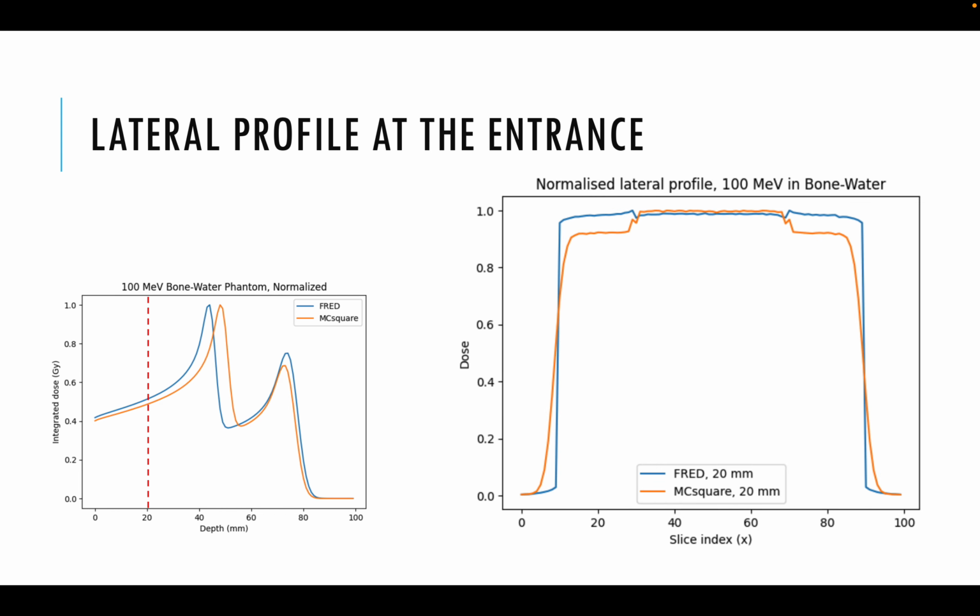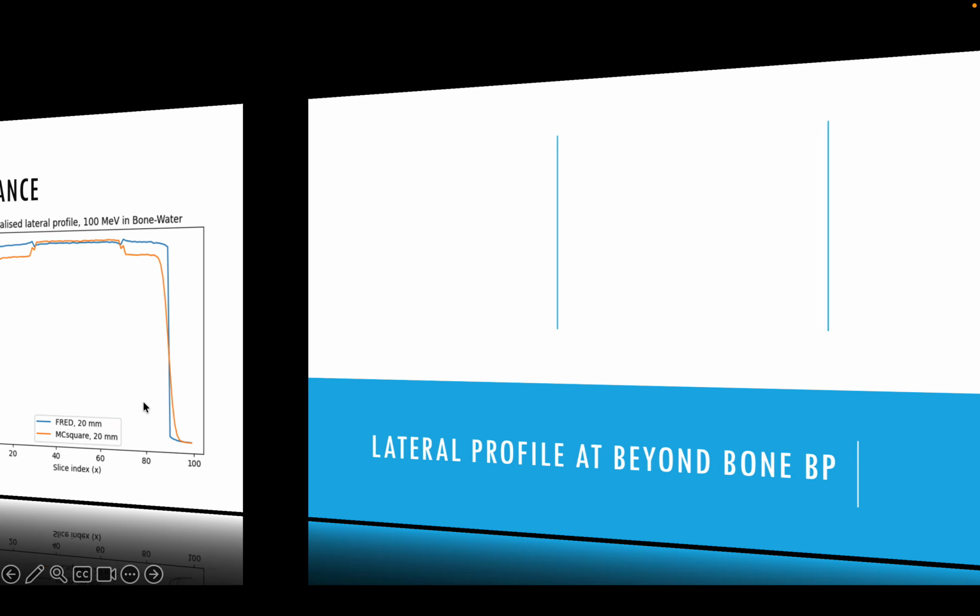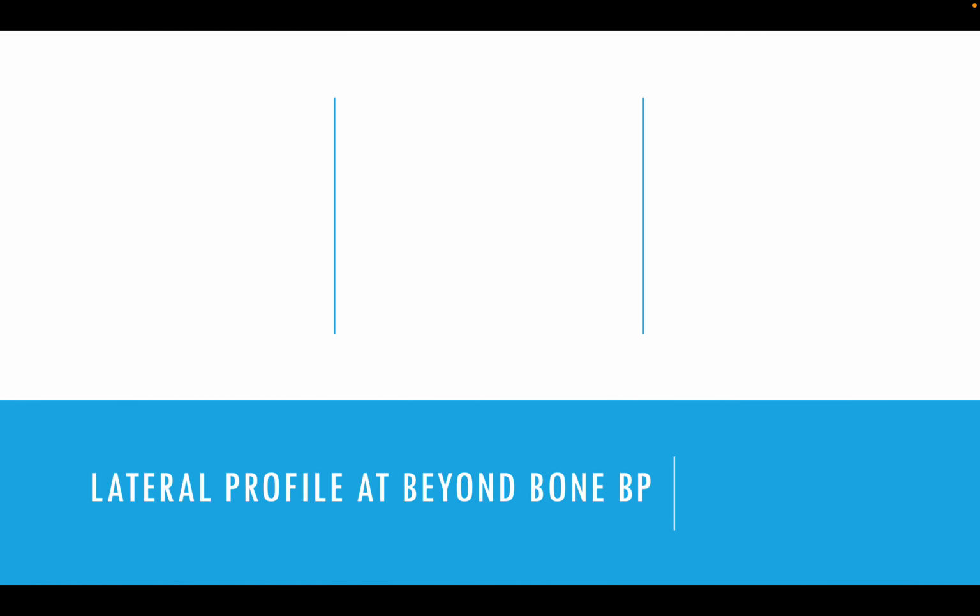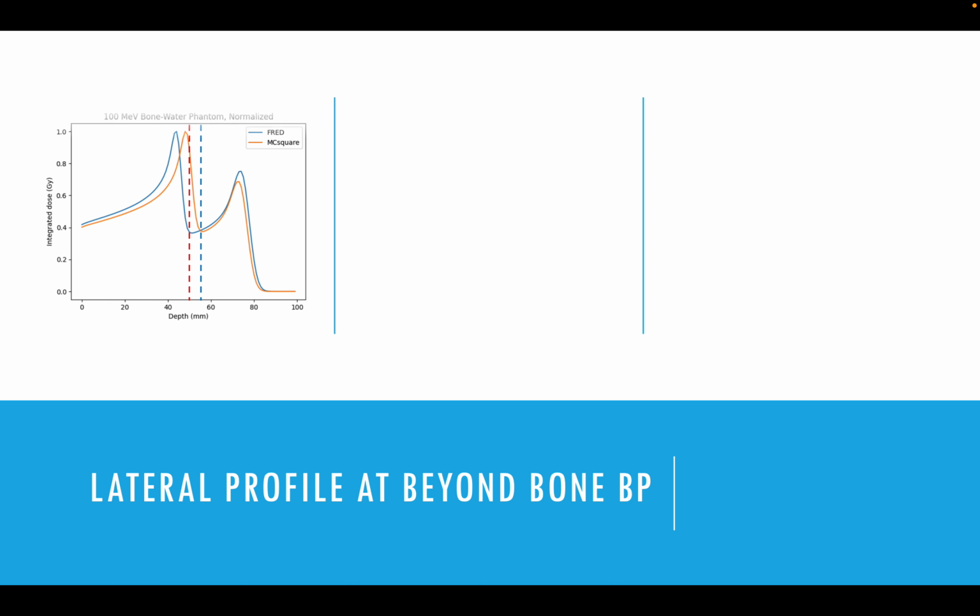As a result, the dose should be greater in the bone, but FRED is saying otherwise, which is not quite convincing. Again, I have to analyze that part as well.